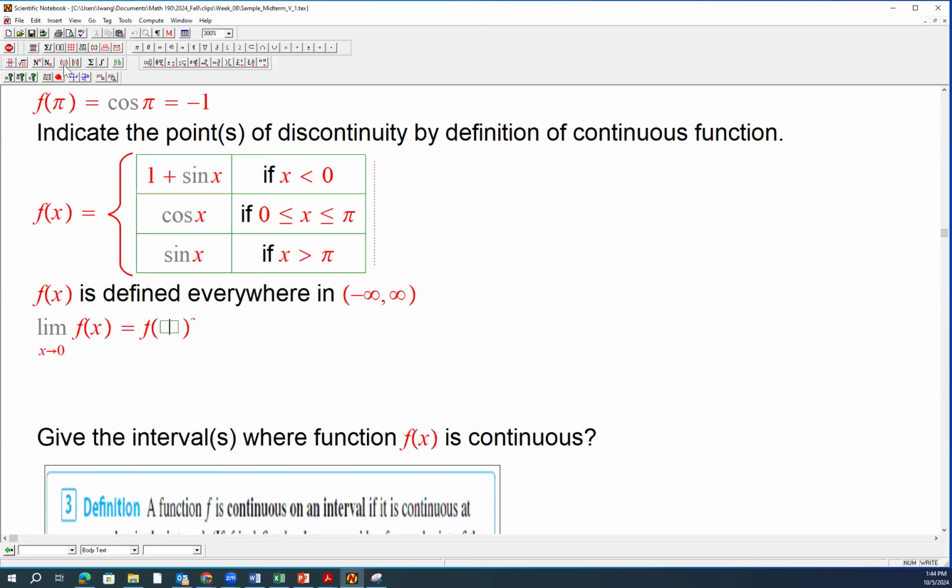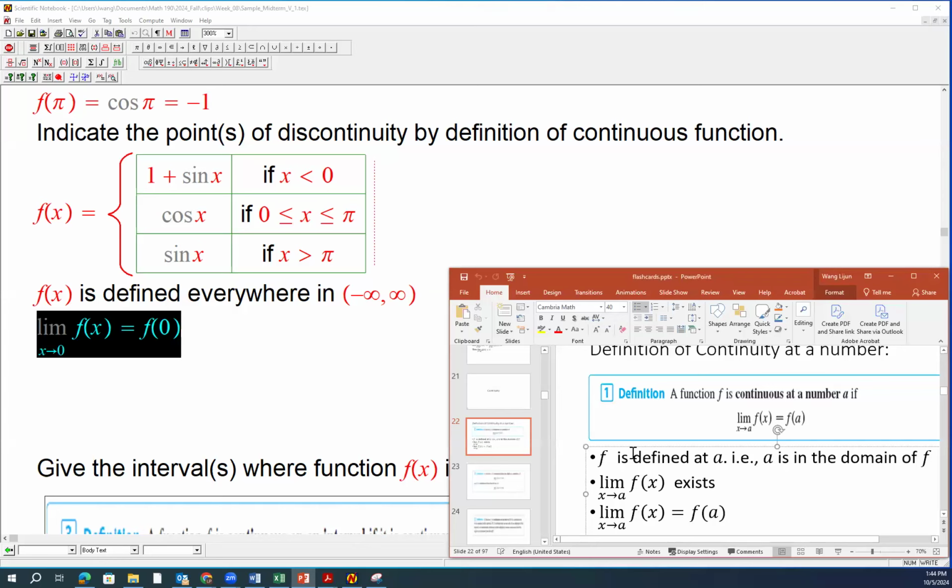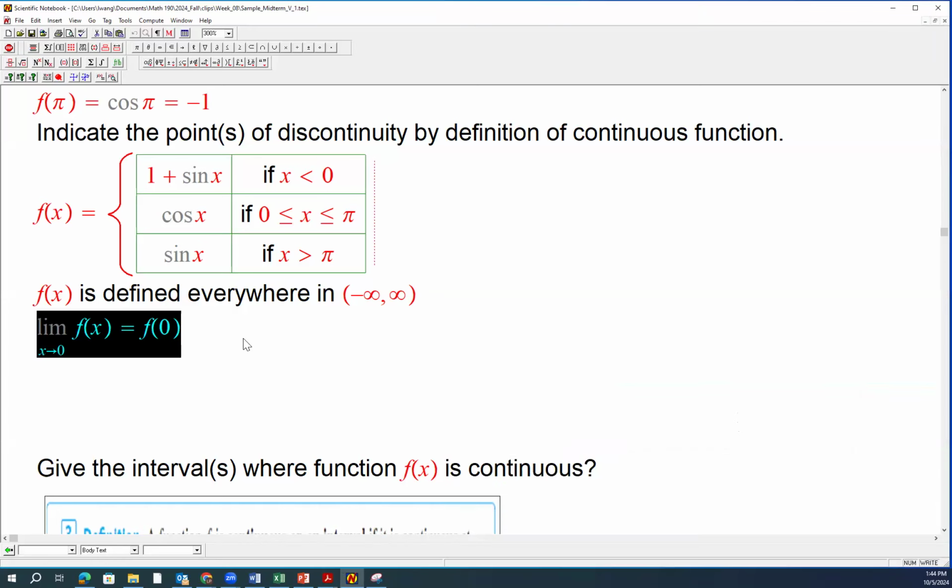We just demonstrated that in our work. And that is the definition of a continuous function. So this is 3 in 1: defined, limit exists, and they're equal. So at 0, all 3 are satisfied.